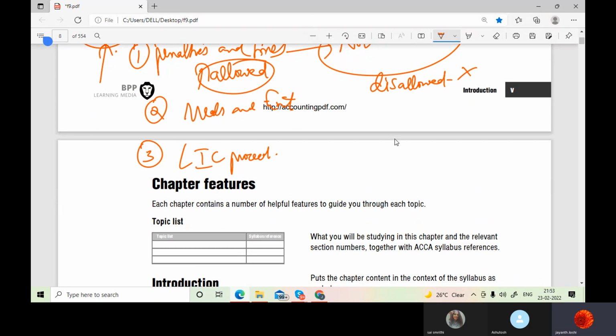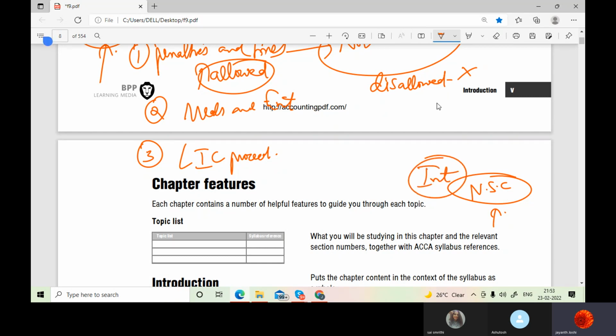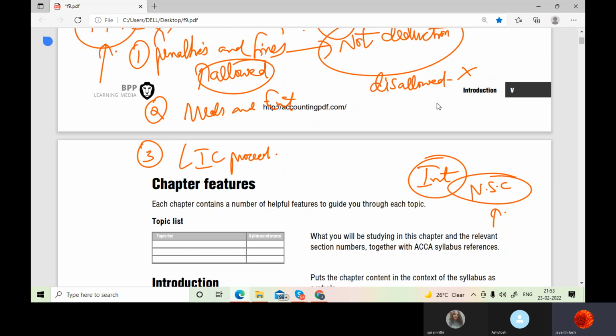Some incomes, like if you take National Savings Certificate bonds, when you invest in these bonds, you'll get interest, and those interests are exempted from tax. That means you cannot show them in the tax returns which you are preparing. Why? Because it is exempted from tax. The government gives you that, you need not pay tax on it.